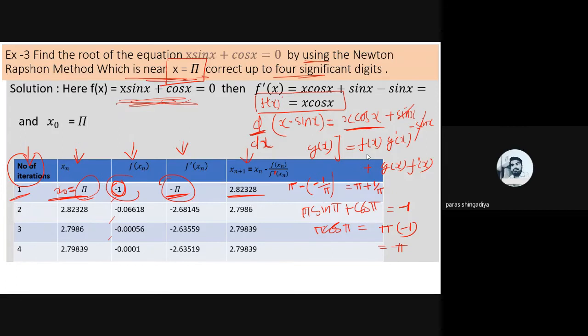That is pi, x0, that is f of x0, and 1 upon pi.